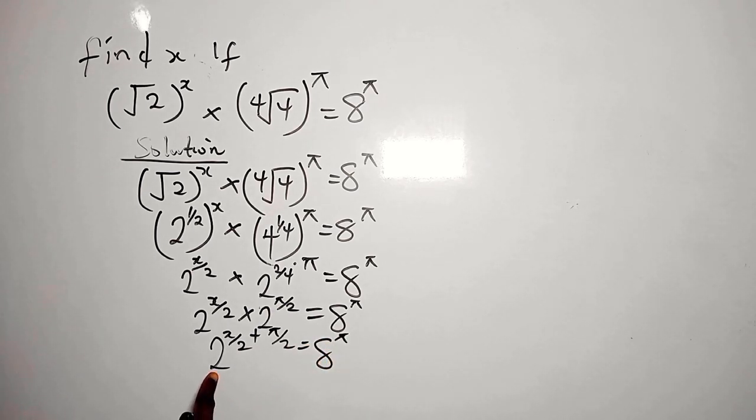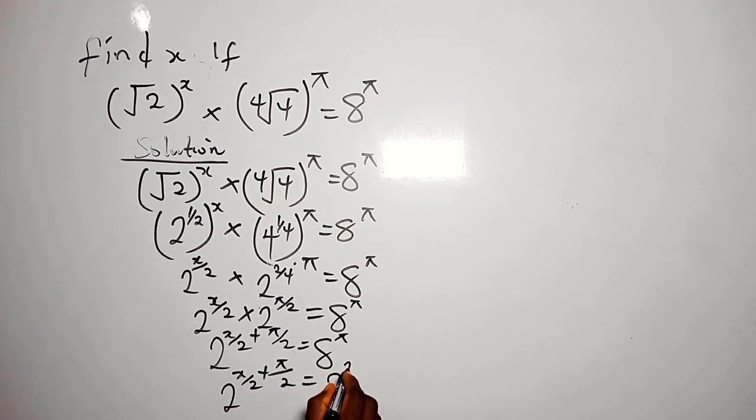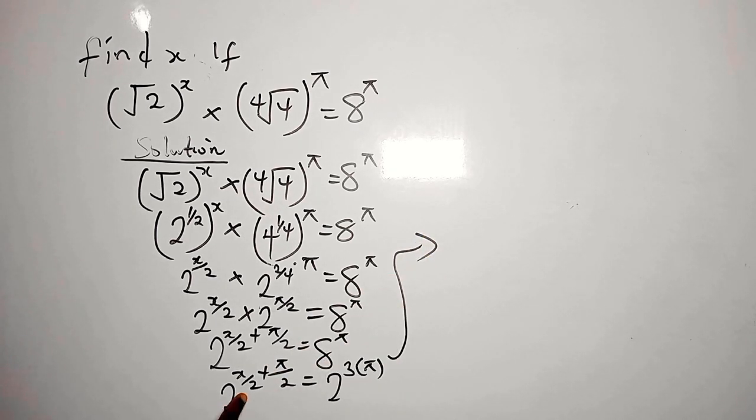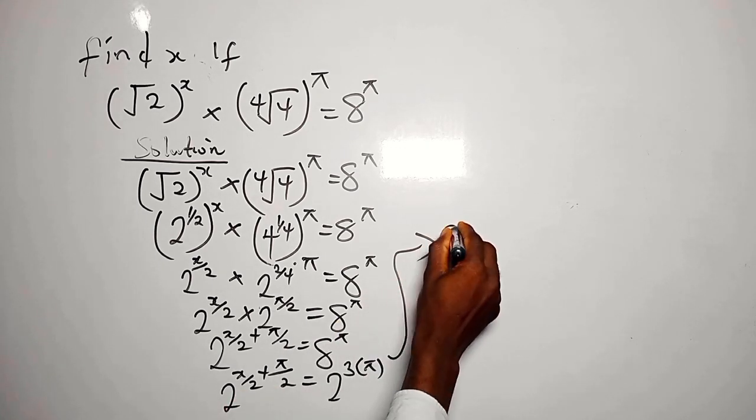Okay, so we can have equal base, so how do we do that? So we have 2 raised to power x over 2 plus pi over 2 equals, for 8 we can write it as 2 raised to power 3, all raised to power pi.